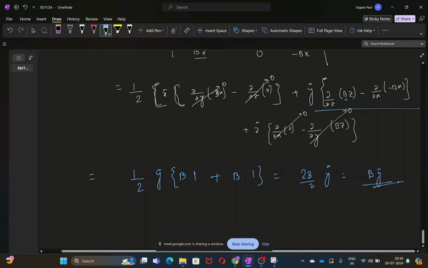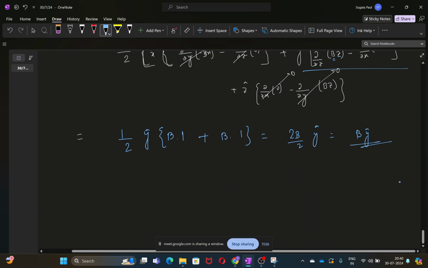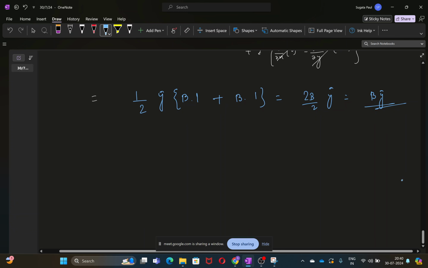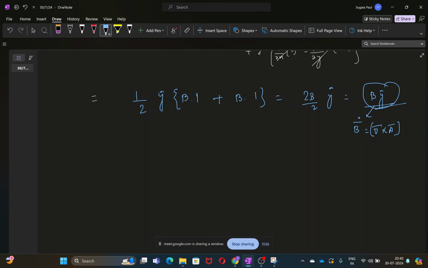So from here it is clear that you have obtained the exact magnetic field that you are asked in the question, that if you have a magnetic field like this in the y direction, B times y cap, then the magnetic vector potential, by taking the curl of which you reach this magnetic field, so you have to do a back calculation for getting the answer.